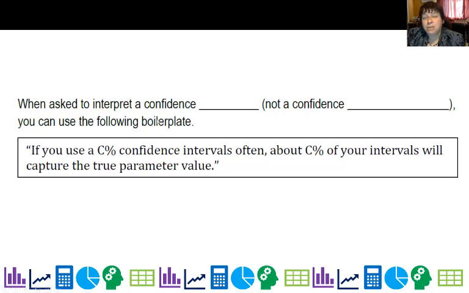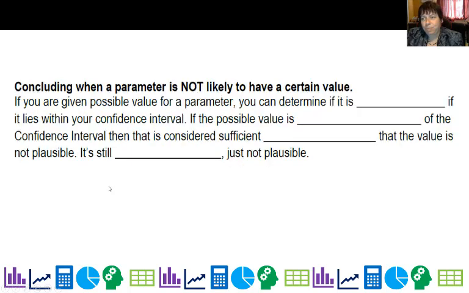And in fact, if you're asked to interpret the confidence level, not the interval, but the level, you basically can use this boilerplate. If you use C%, or 95% or 90% confidence intervals often, about that percentage of your intervals will capture the true parameter value. So this is something you might want to add to your little memorization list.